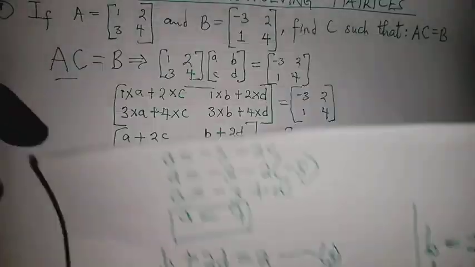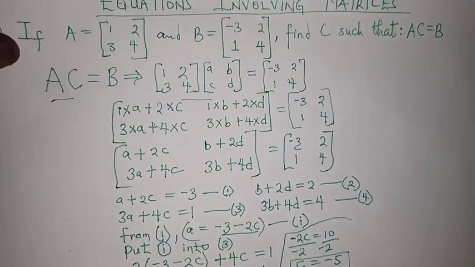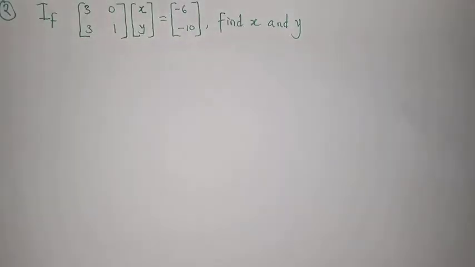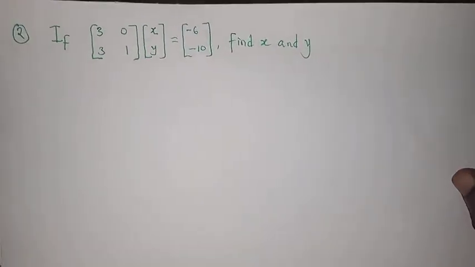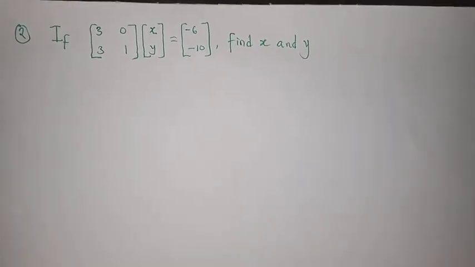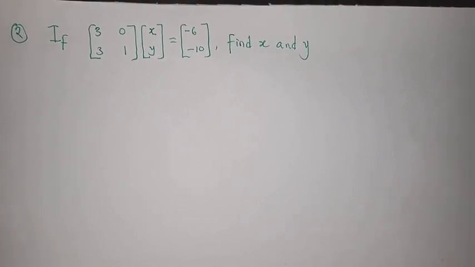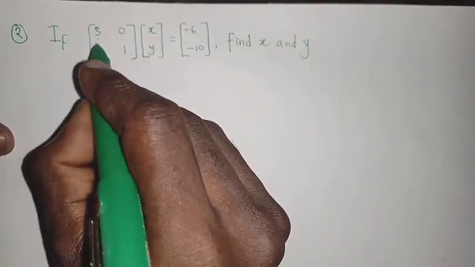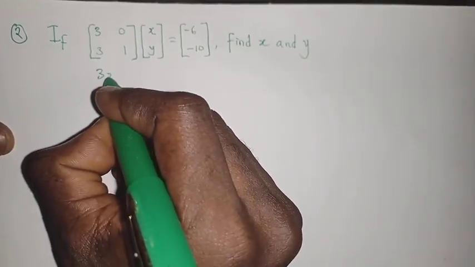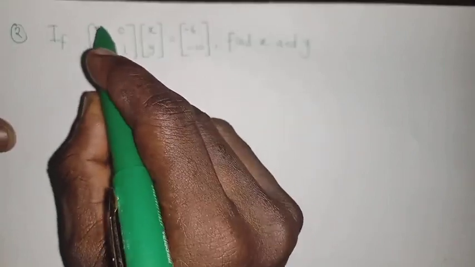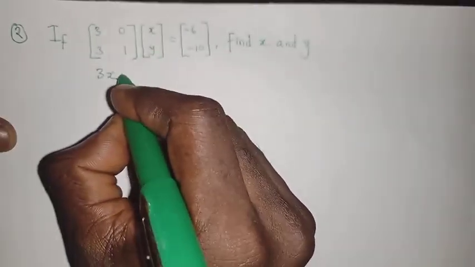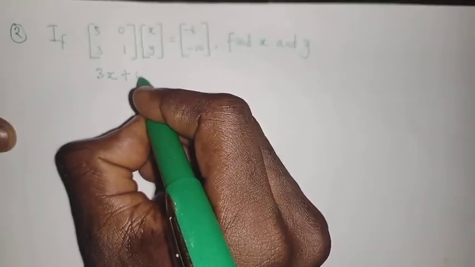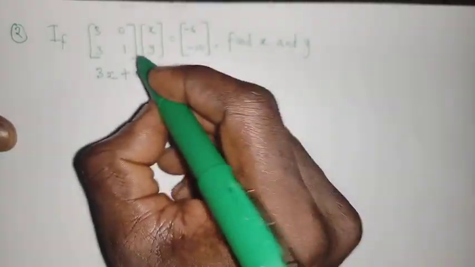All right, so we jump straight into the next question. The next question says, if matrix 3, 0, 3, 1, this gives us that, find x and y. So I'm going to multiply straight quickly. So this is going to give me 3x, that is 3 times this plus 0, because 0 times y is 0.